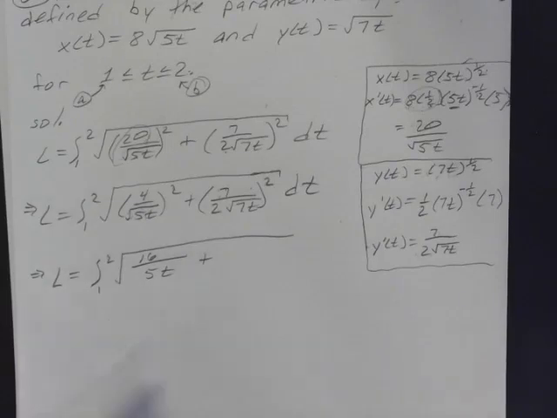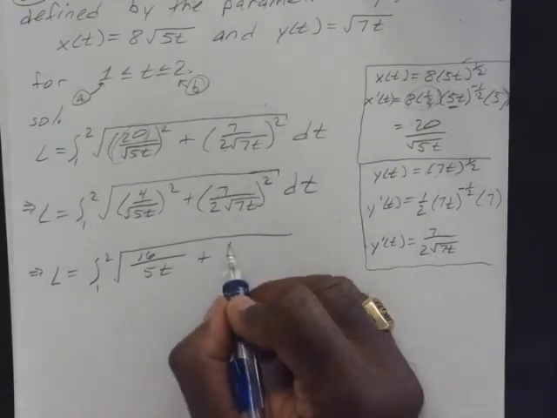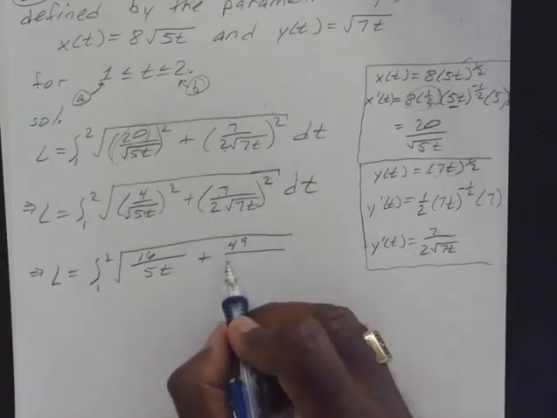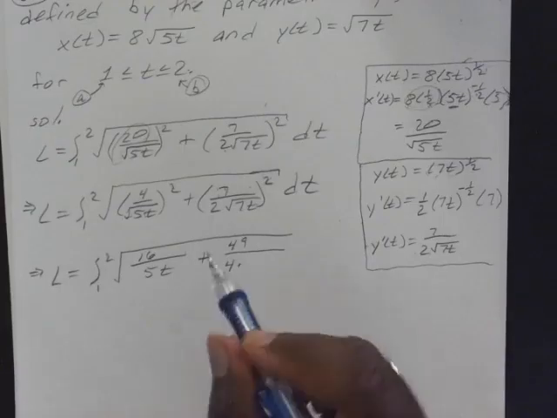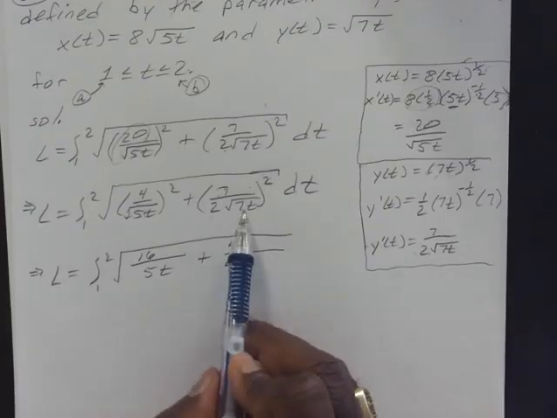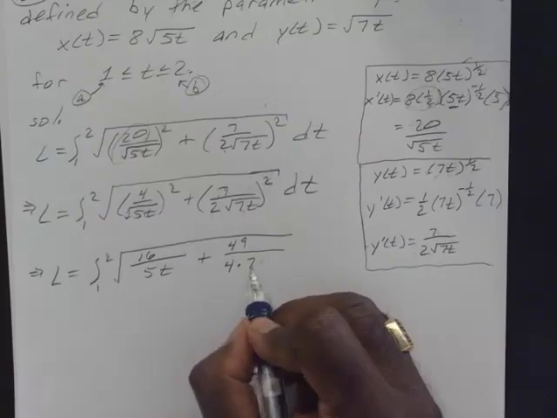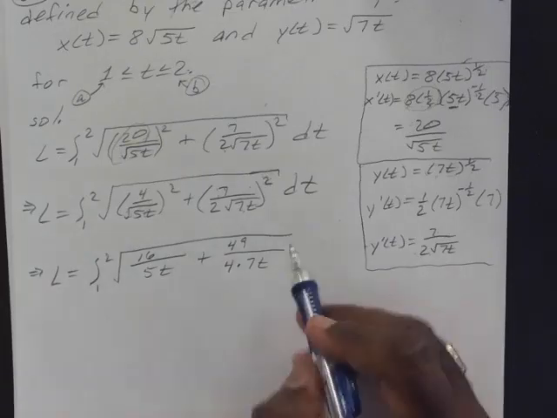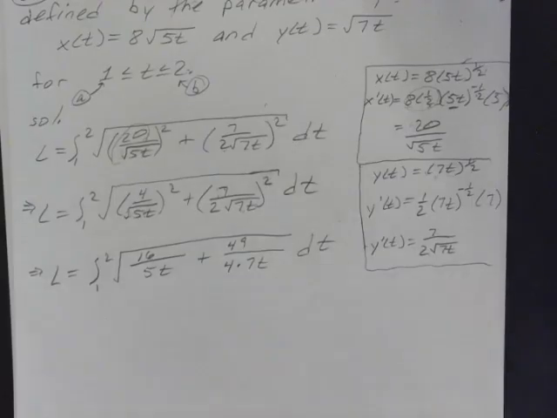Okay, plus, we get 7 squared, we'll get 49, over 2 squared, which is 4, times the square root of 7t squared is just 7t. With respect to t.